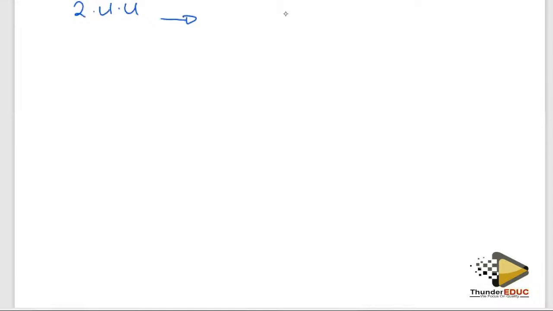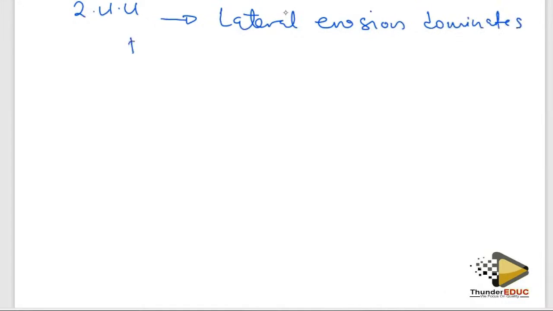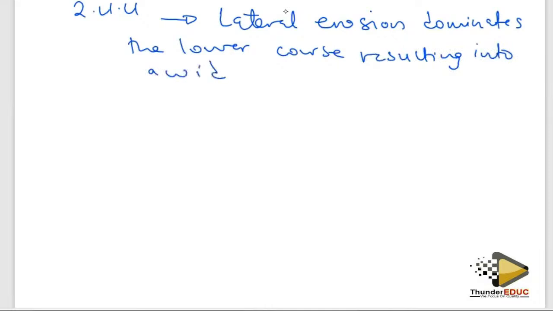So it said that lateral erosion dominates the lower course, resulting into a wider U shape.